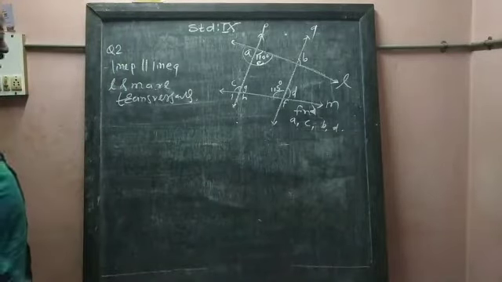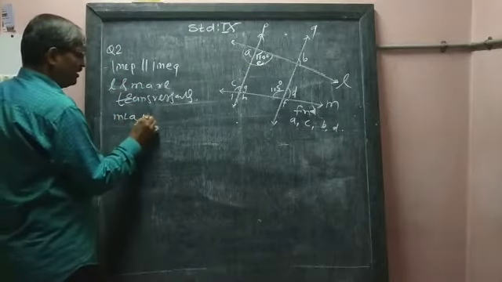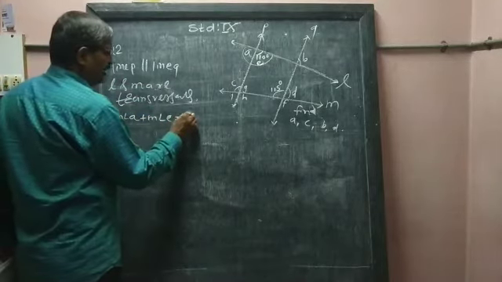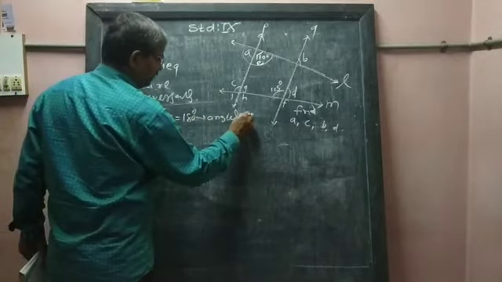Then now see, here I am going to think about this much only. Measure of angle A plus measure of angle E is equal to 180 degrees. Angles in linear pair.